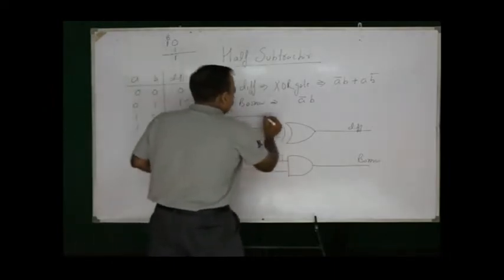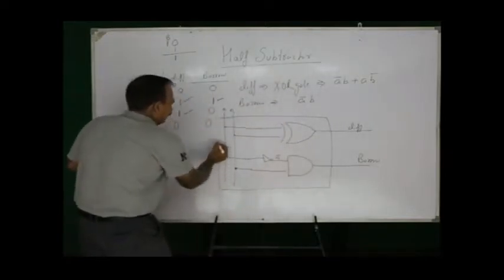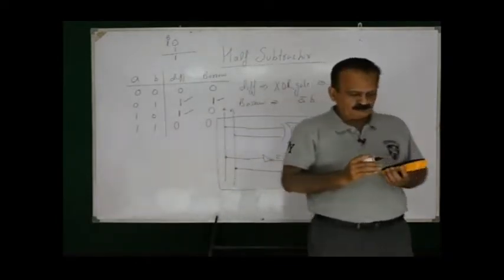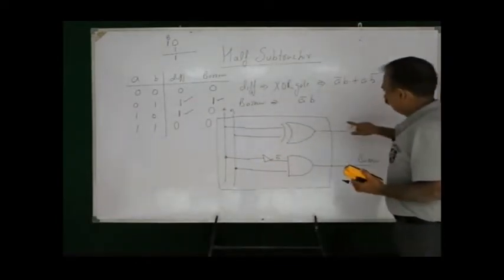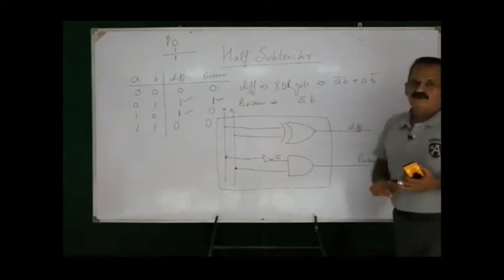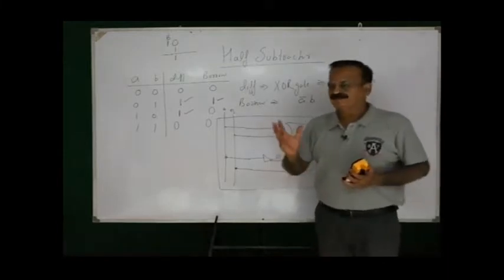Now, this particular block represents half subtractor. If I give values of A and B, this value will be the difference and this value will be representing the borrow, and the representation will be A minus B.